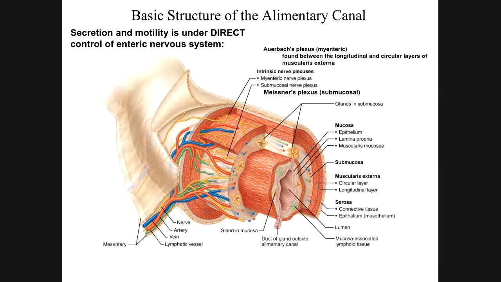It contains two layers of muscles. We have the circular layer and we have the longitudinal layer of muscles.